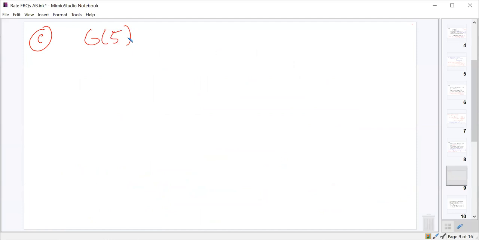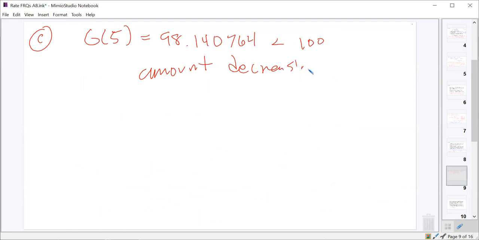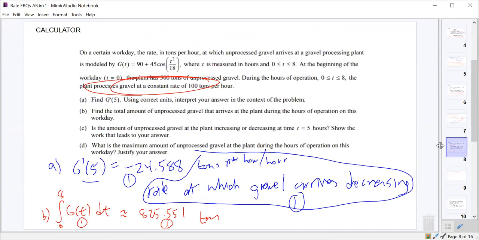It comes out to be 98.140764. Since that's less than 100, the rate at which it's arriving is less than the rate at which it's being processed, which tells you that the amount is decreasing. Less arrives than is being processed.